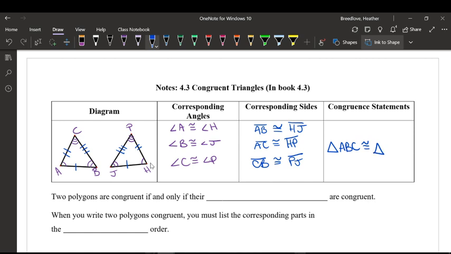I started with A, so H, then B and J, then P. So triangle ABC is congruent to triangle HJP. You have to have the letters in the correct order. So the congruency statement works like a map to the triangles. It tells you what parts go with which parts.